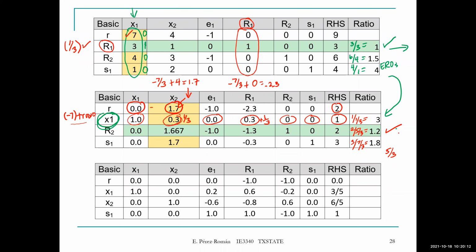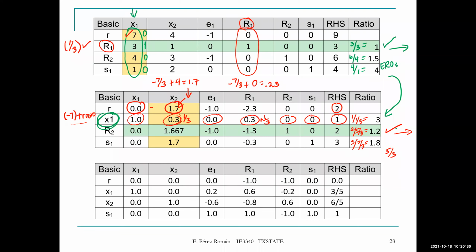So R2 is leaving, X2 is entering the solution. So now we need to make the column corresponding to X2 look like this one. Okay, so we perform the elementary row operations. You see now that column looks like that. This looks like the column originally for R1.